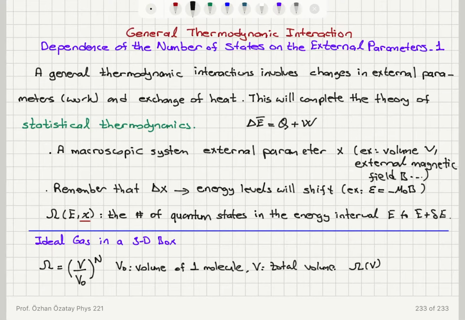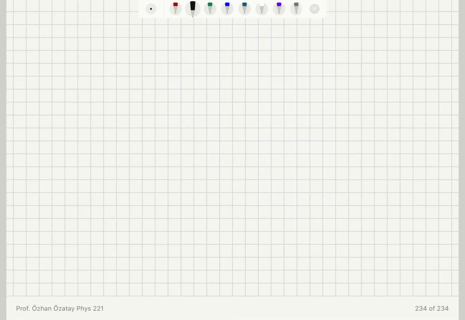Now, using quantum states for this system, we have calculated the density of states, and we have found out that the number of accessible states for energy in the range E to E plus delta E was given as, so I'm going to modify this, and it depends on energy as well as volume.